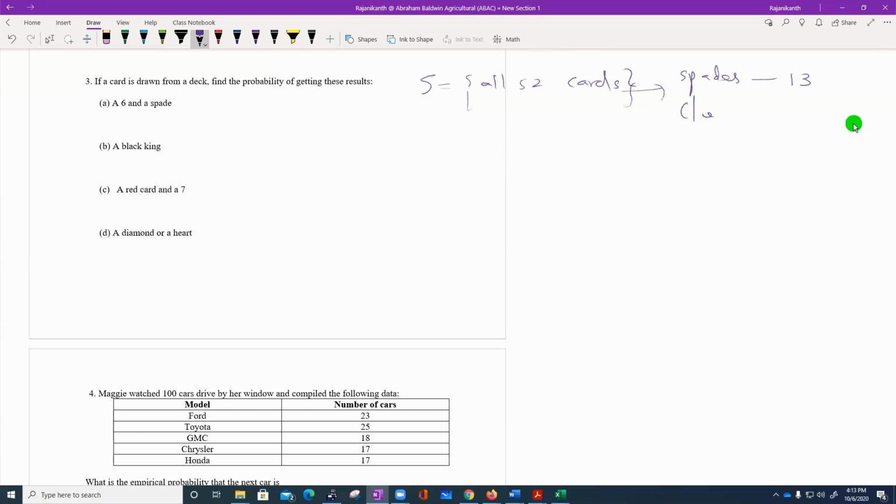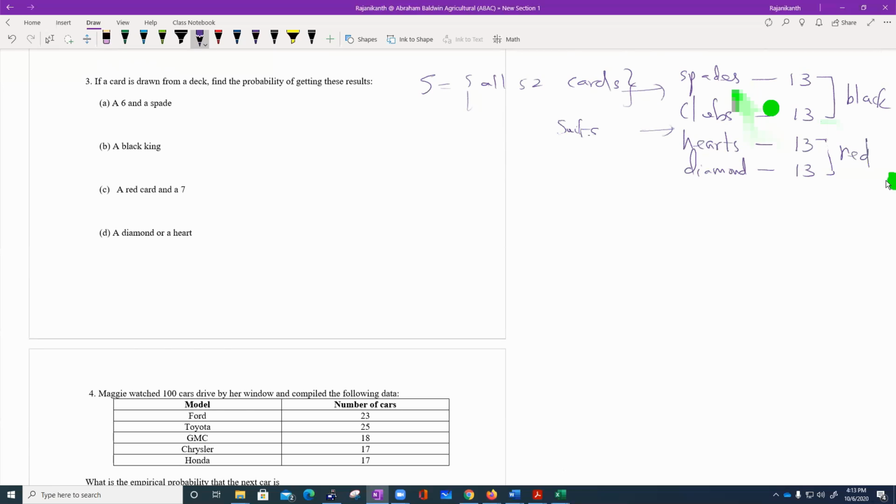Then clubs, again 13. And hearts, 13 cards. And then diamonds, again 13. The first two suits are black, we call these suits.